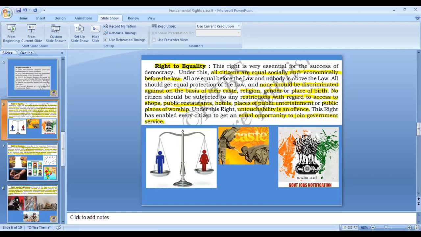They treat them like they are from Nepal or China or Bhutan. That should not be there.